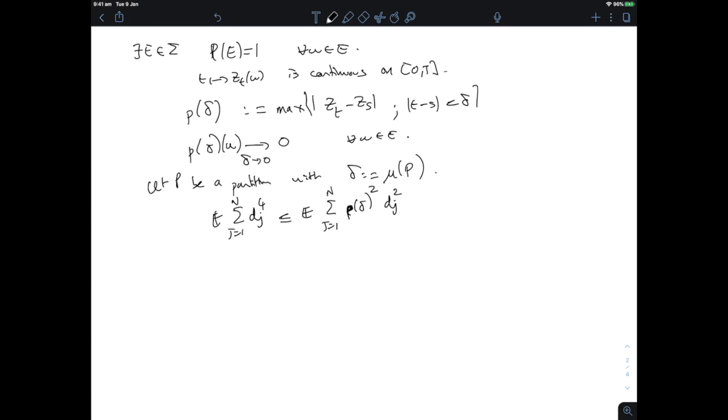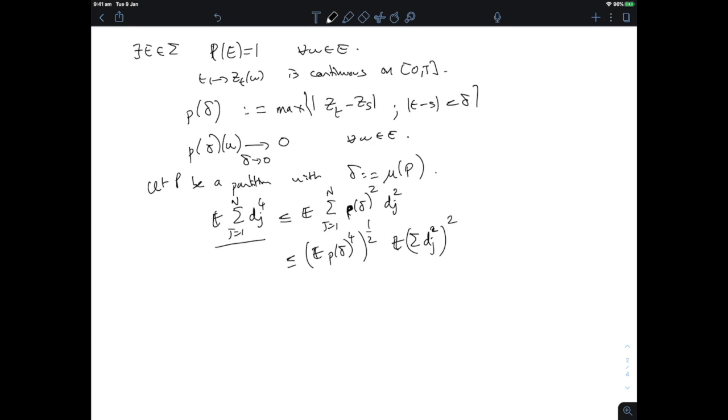So what does that tell me? Well, that tells me that the expectation of the sum of the dj to the 4 is certainly smaller than, okay, what do I want to do now? I want to use Cauchy-Schwarz, and say that this is smaller than the expectation of P delta squared raised to the power 2, so 4, raised to the power 1/2, times the expectation of the sum of the dj squared, squared.